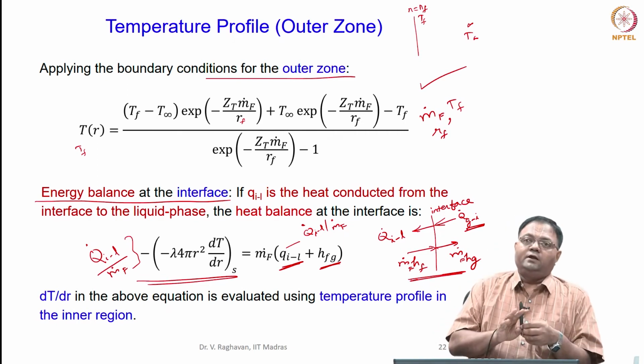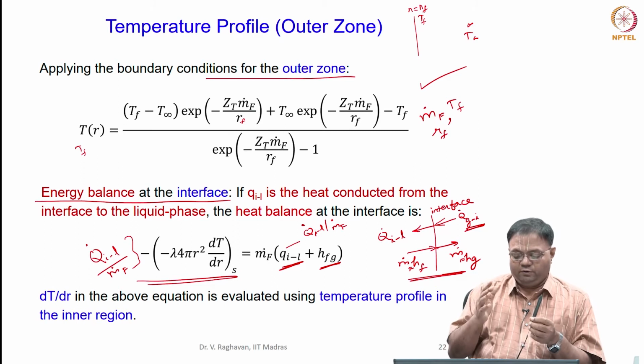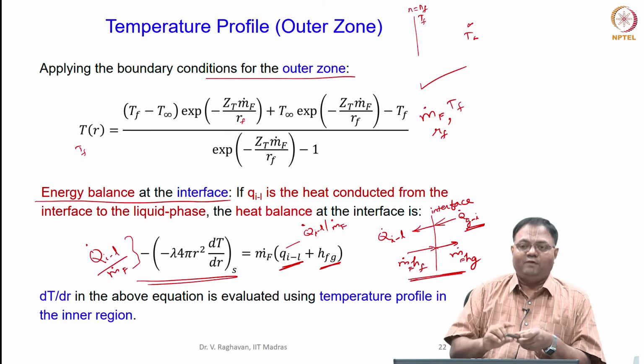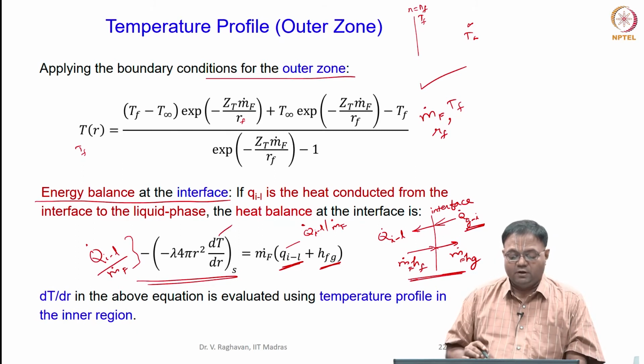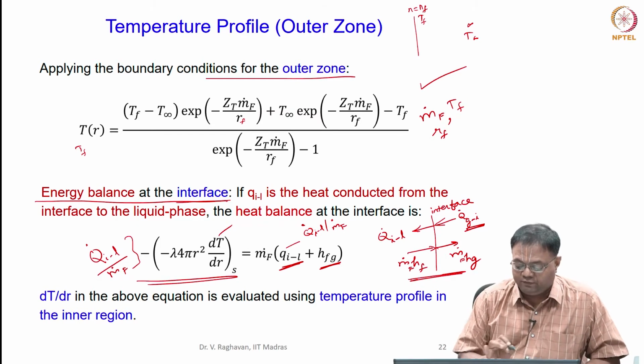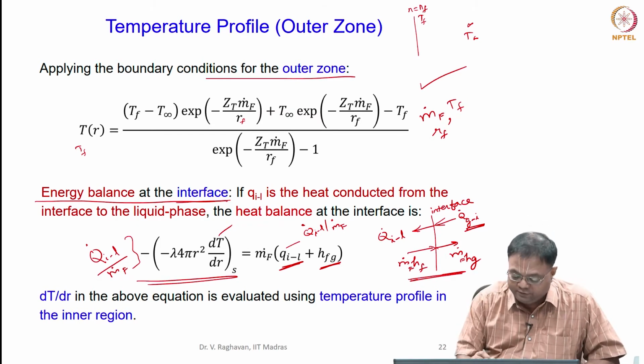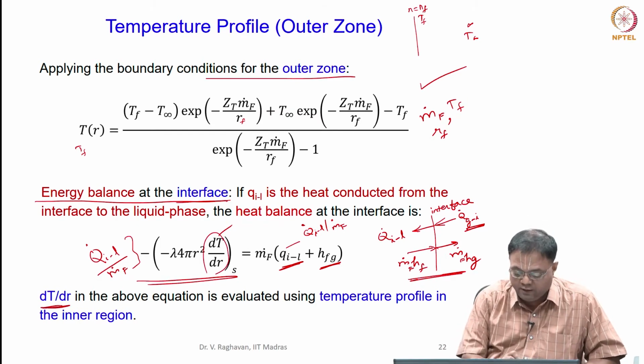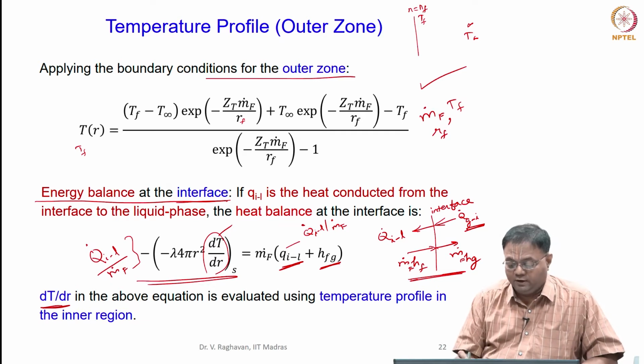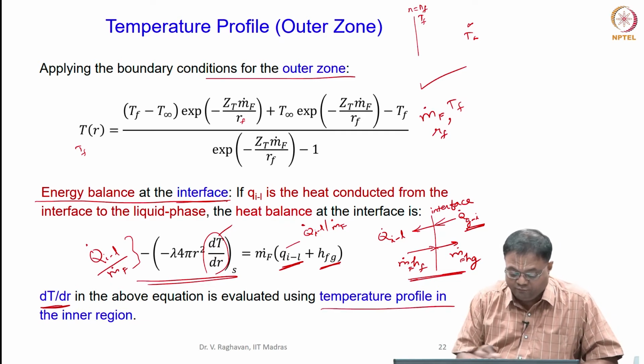We have taken the boundary conditions, and the additional boundary condition I am trying to create here is where the derivative of temperature is present. Since it is done at the interface, I can calculate dT by dr of the above equation using the temperature profile for the inner region.